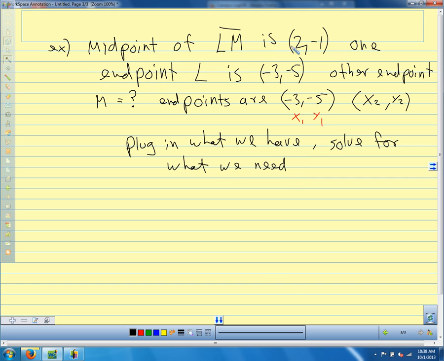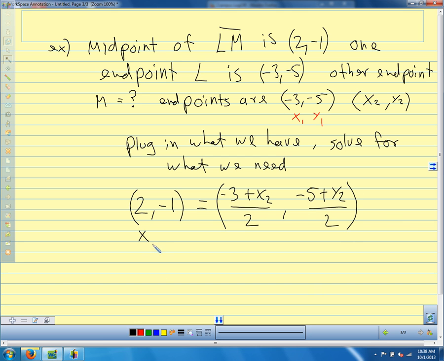The midpoint is 2, -1. That equals x1 plus x2, -3 plus x2, divided by 2. And the y-coordinate is y1 plus y2 divided by 2.